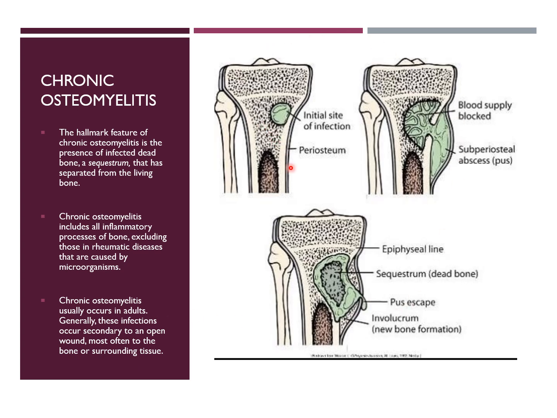So in my picture here, you can see the initial site of bone infection was here. We lost blood supply to that area of initial infection. We may have seen some abscess or pus formation on the outside during the more acute phase.